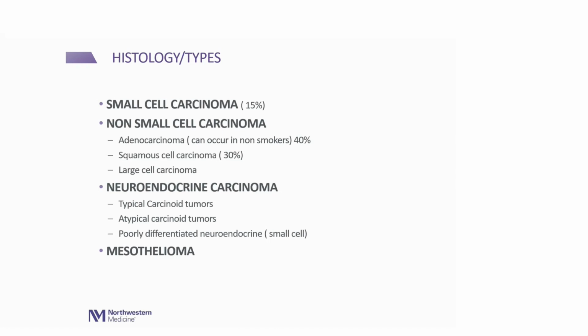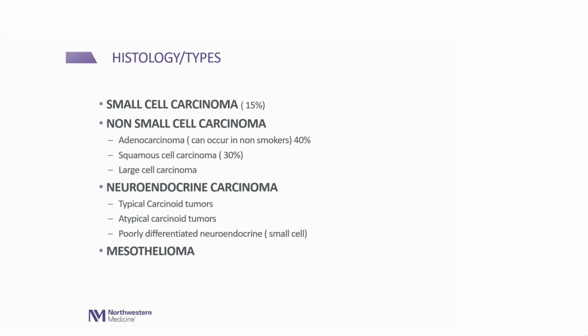So broadly speaking, I always say lung cancer is mainly two types. These are the more common ones, small cell and non-small cell lung cancer. There are some other less common types that we have also. Neuroendocrine cancer is not as common, but we see that as well.